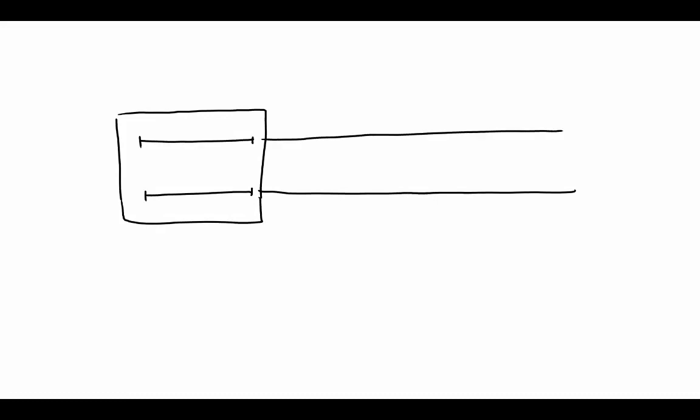We have one header here and one header here. If we had these two lines that go to the platform, and we have the separator A and separator B, or the test separator. And here we have our well, which can produce either to this line or to this line.